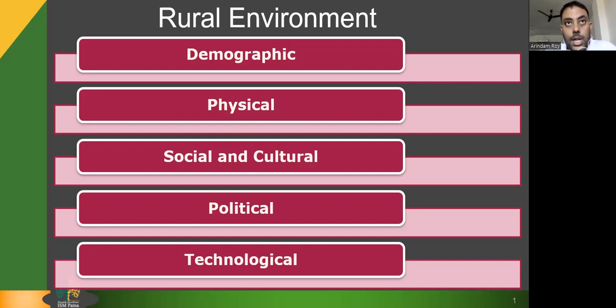If we talk of the political sector, with the help of the Panchayati Raj and a lot of initiatives by different governments over a period of time, the political environment is changing at the rural level.